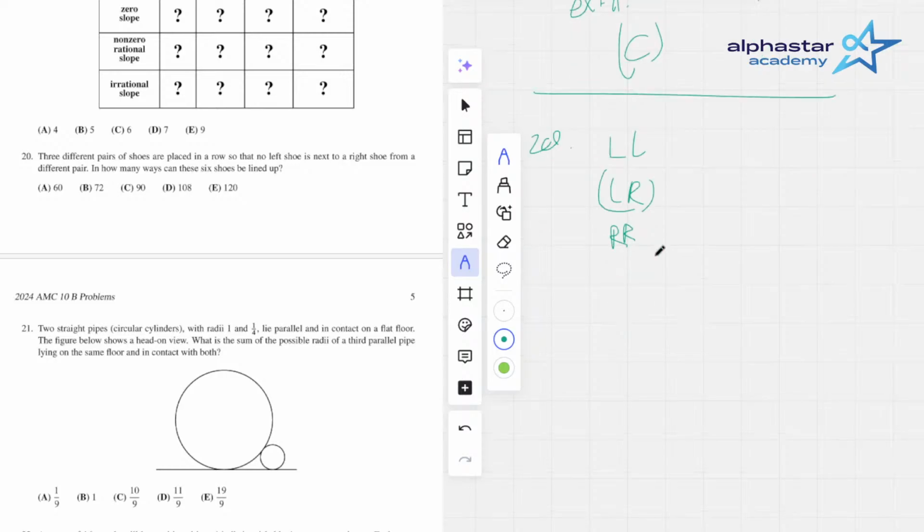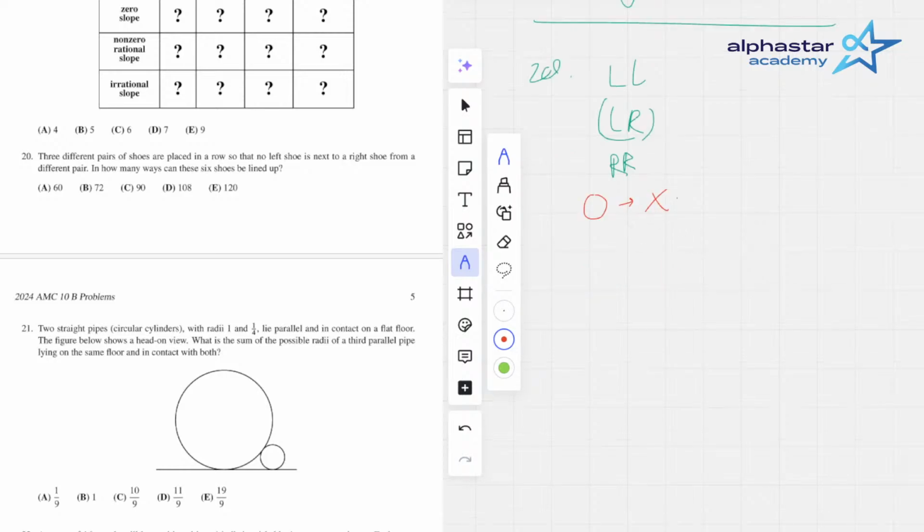So we can do casework. It's the same thing, right? Where we can have 0 pairs of left and right, in which case that's not possible. In fact, the number of left-right pairs has to be at least one. It has to be odd for there to be left, and right. So left, right, and then 2 lefts and 2 rights.